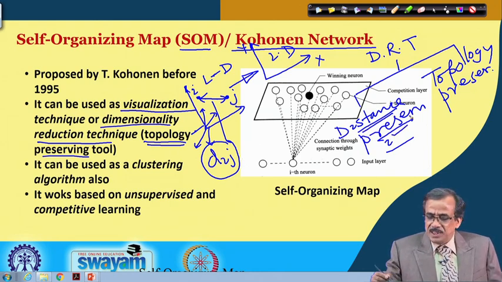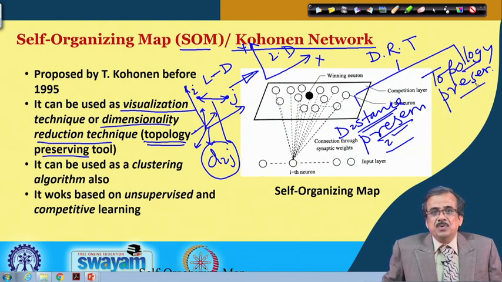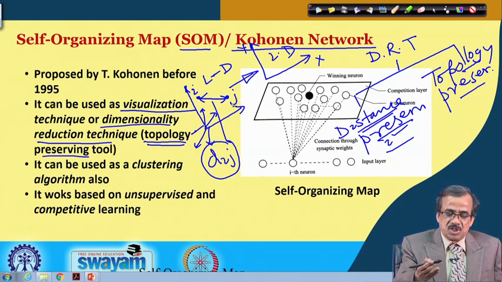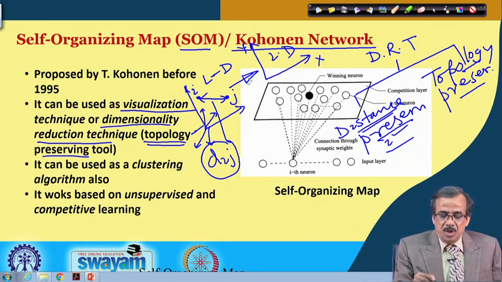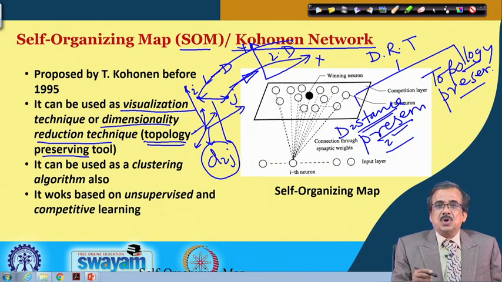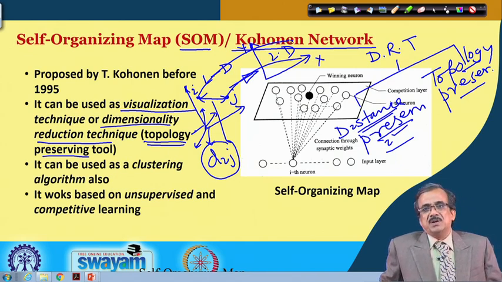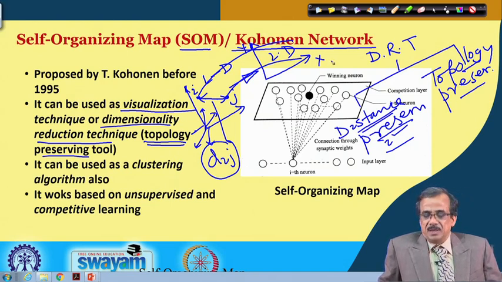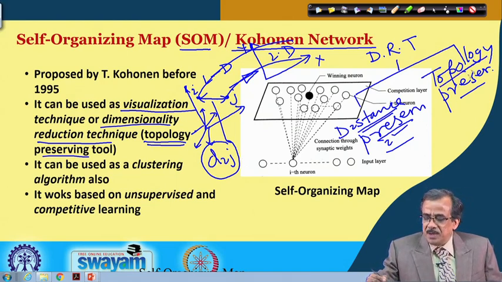But in topology preserving, we are going to maintain the topology. That means, in higher dimension, if the jth point is towards the top with respect to the ith, in lower dimension also it will be so, when I map these 2 points. So, the relative position of these 2 points will be maintained in the lower dimension, and that is what topology preserving means.